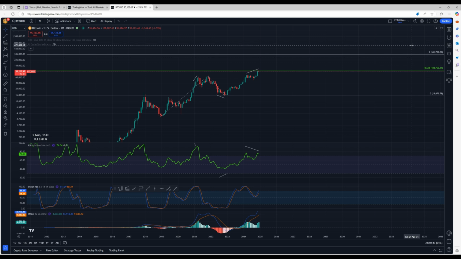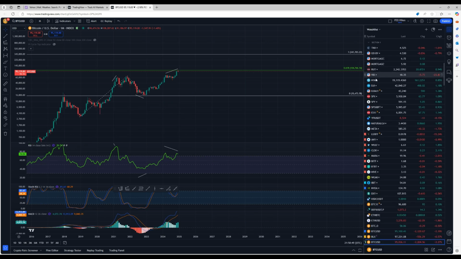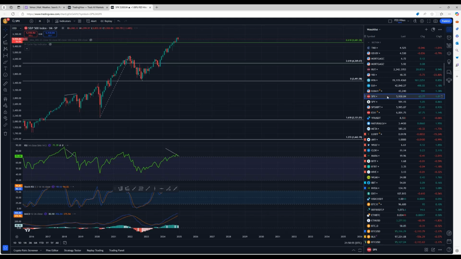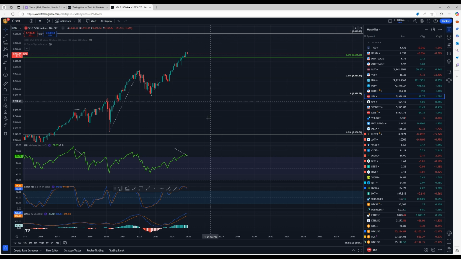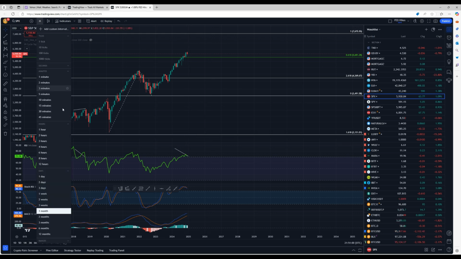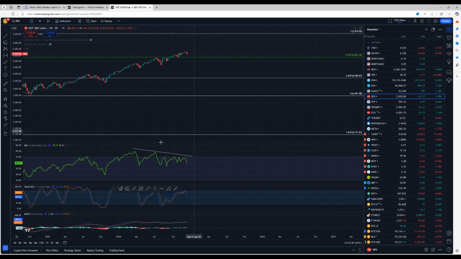All right, so that's the bearish divergence. The other thing that's kind of telling is the fact that when we start looking at the S&P, this is a monthly, get it back on the weekly, just loaded with bearish divergence starting back at July.